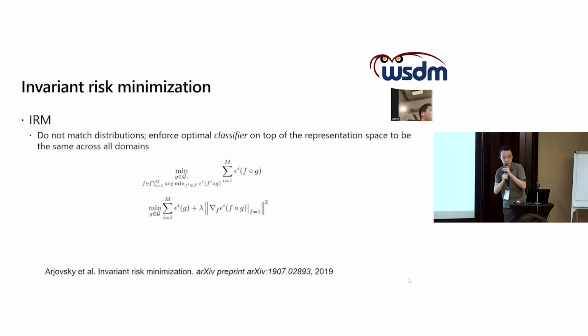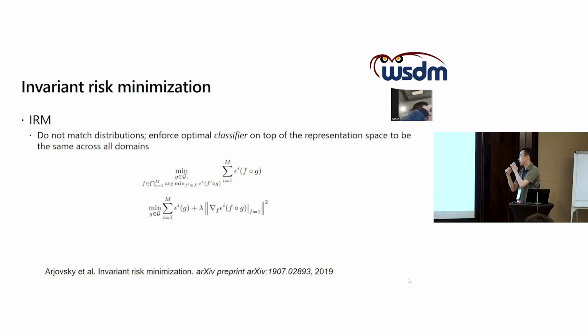Although it did not impose this empirical risk, there are still some limitations, because the effectiveness of this method still relies on the source domain: how representative our source domain data is, and how large it is. Otherwise, if our source domain data is not that representative, there is still a risk.